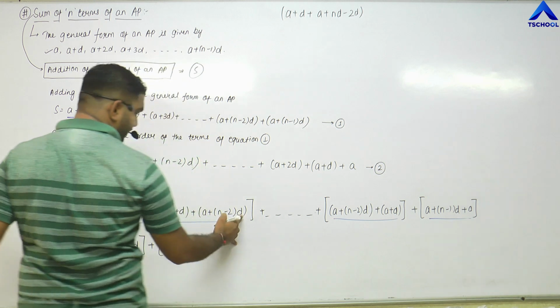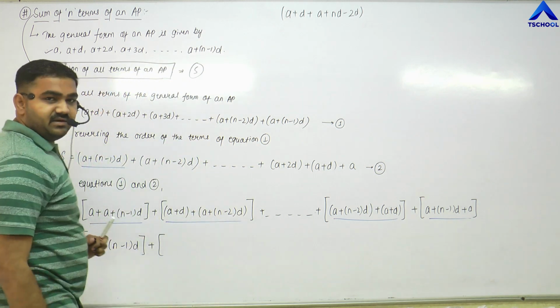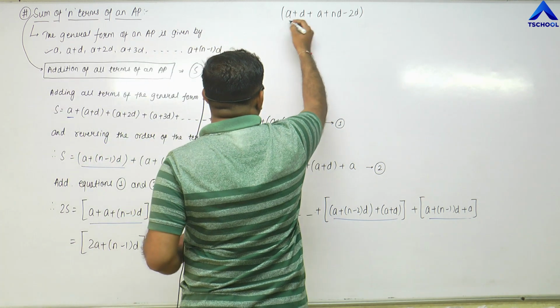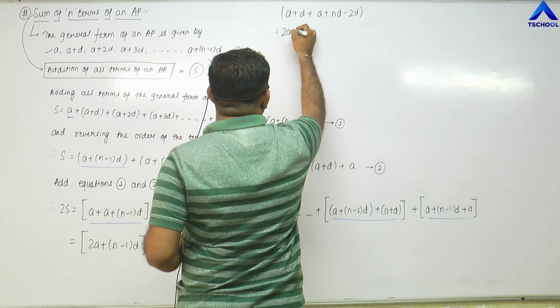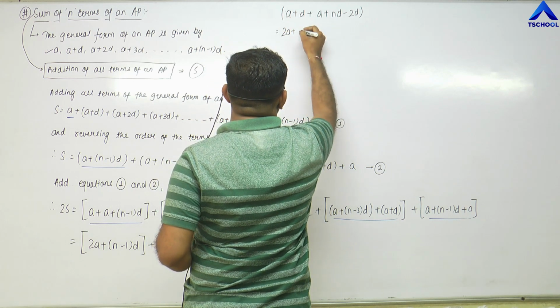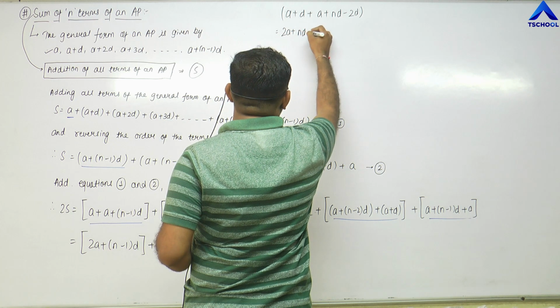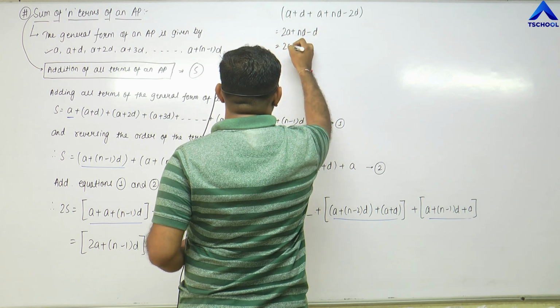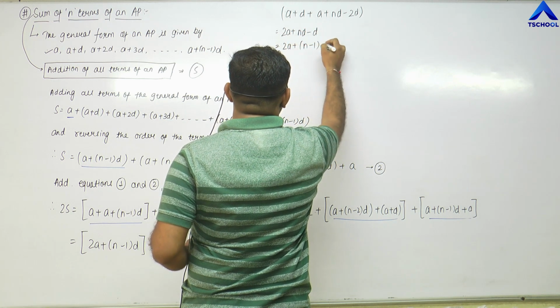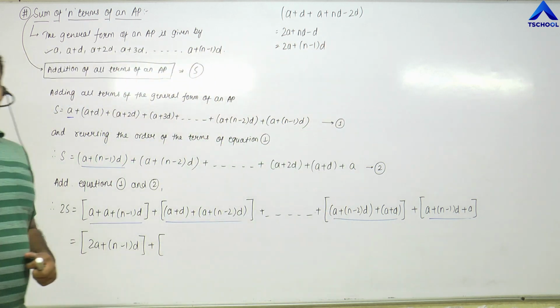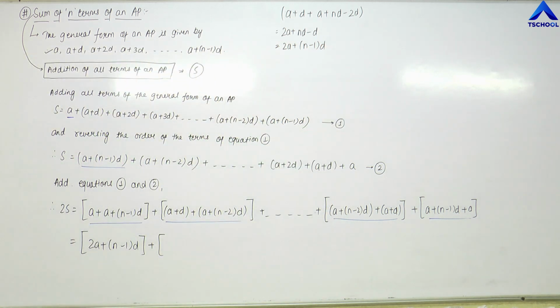Because this d here is being multiplied inside, that becomes a plus a, 2a plus d minus d, or first of all let me write down nd minus d, that is again 2a plus, taking d common will give me 2a plus n minus 1 into d, right?